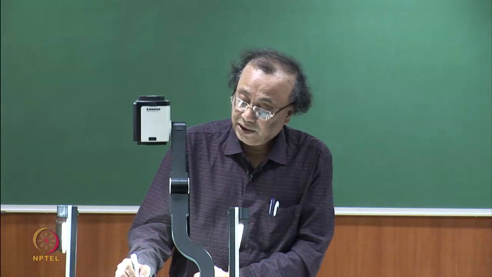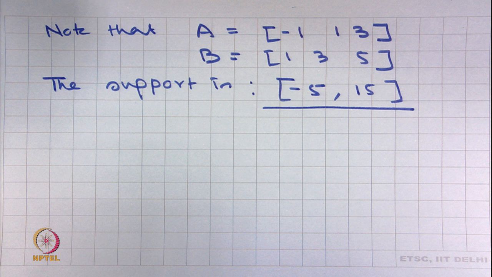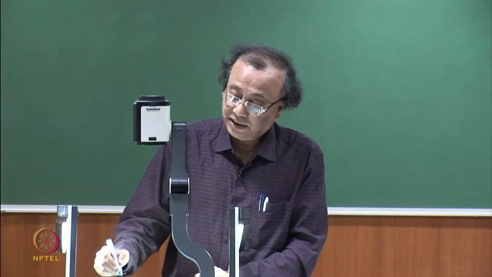Note that A is equal to minus 1, 1, 3, and B is equal to 1, 3, 5. Therefore, the minimum value that can happen is minus 5 and the maximum value that can happen is 15.